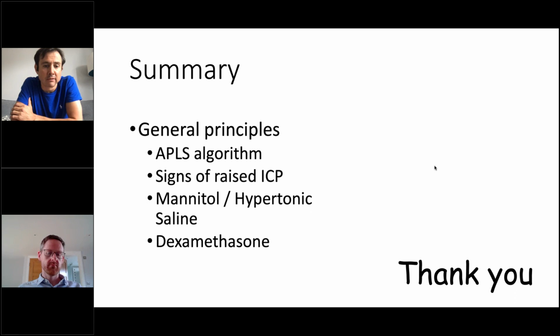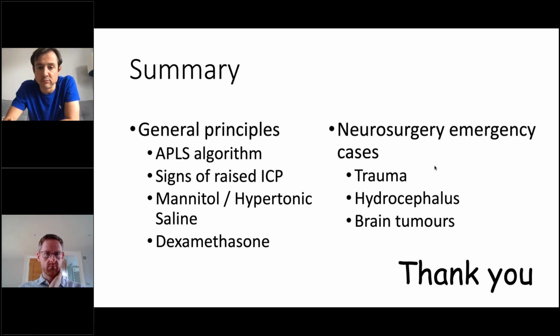We talked a little bit about mannitol and the medical management of raised intracranial pressure, and we had that slide on dexamethasone, comparing vasogenic to cytotoxic edema. And I talked you through some of the emergency cases that I've had recently. And I think that's all I have.